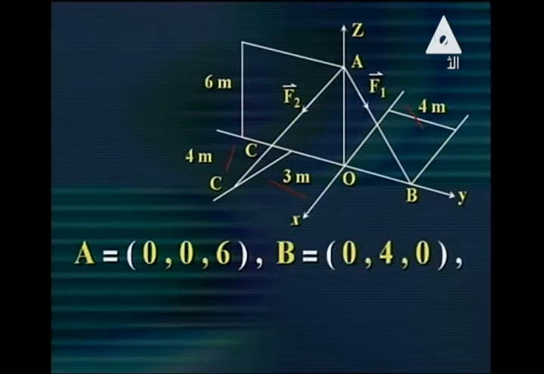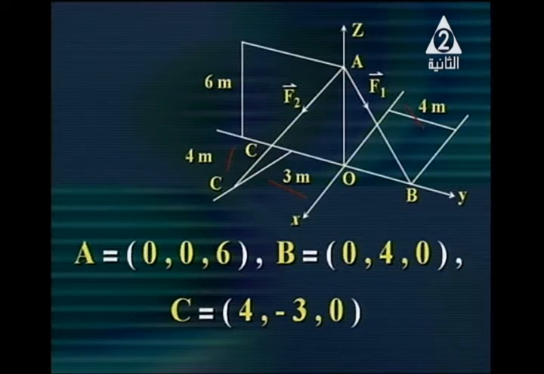Point B, look at 0, 4, 0. We have the coordinates from the figure. Point B: 0 in x, 4 in y, 0 in z.